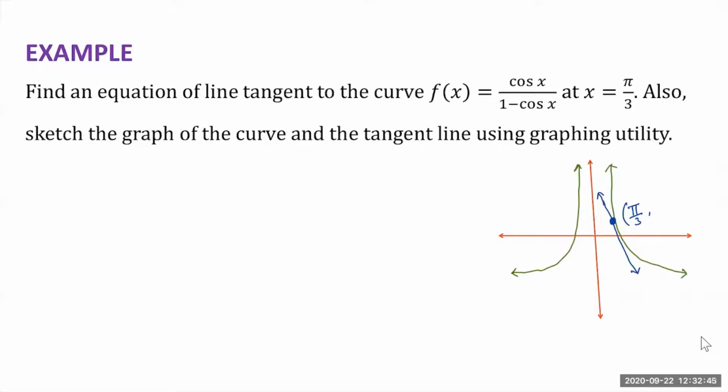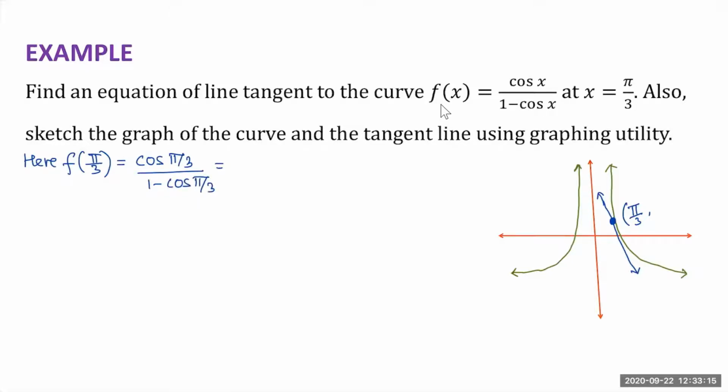First, let's find the point, because we need the point and the slope to find the equation of the tangent line. For the point, it is at x equal to pi over 3, so we plug in pi over 3 into this function. The value of the function at pi over 3 will be cosine pi over 3 divided by 1 minus cosine pi over 3.